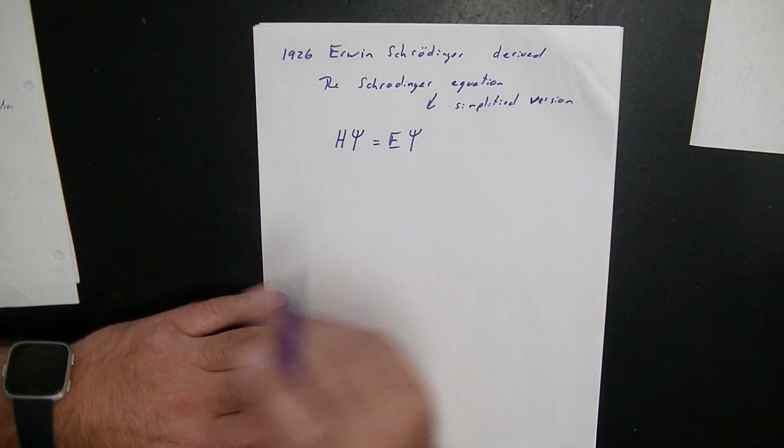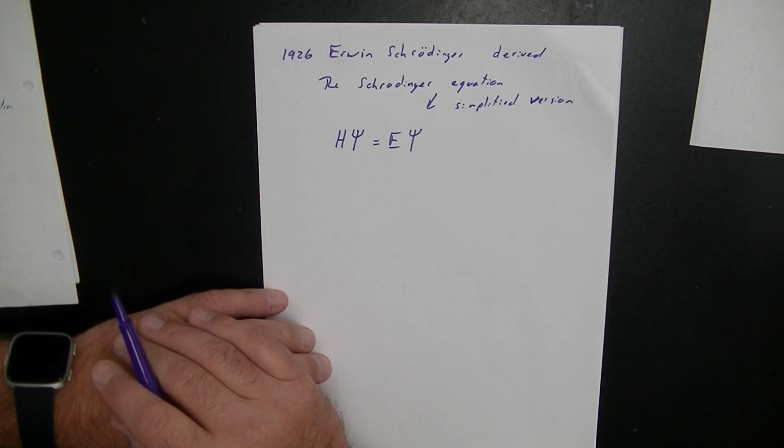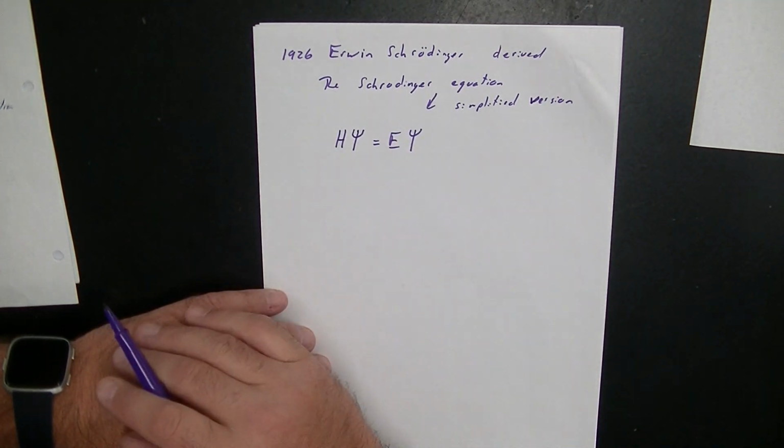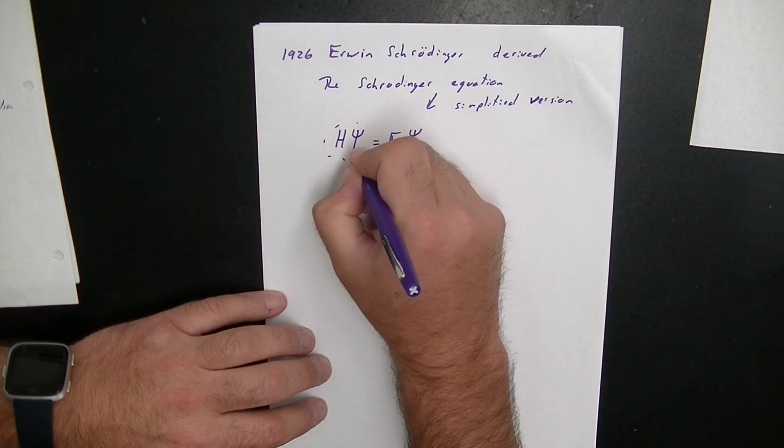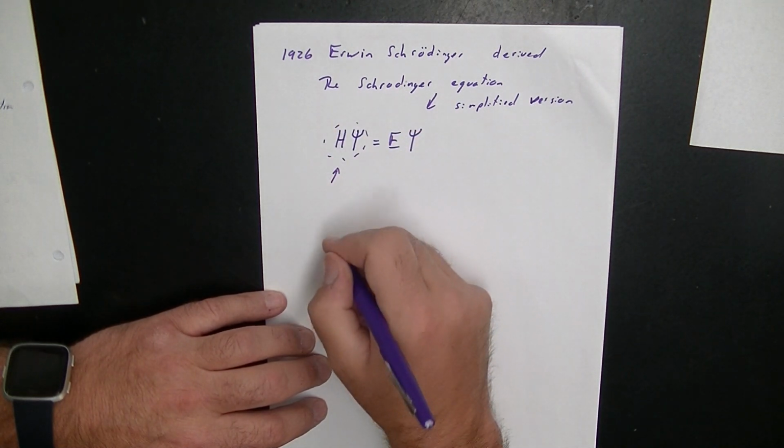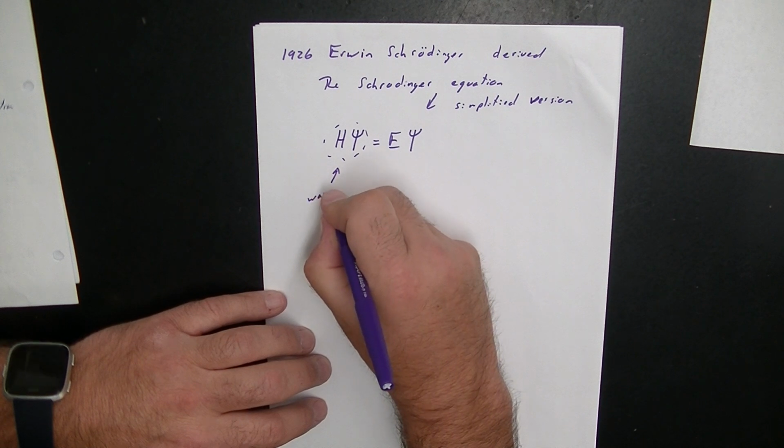I'm going to tell you right now, you'll never use the Schrödinger equation either. You just got to kind of understand what it says. So this variable right here is the wave function.